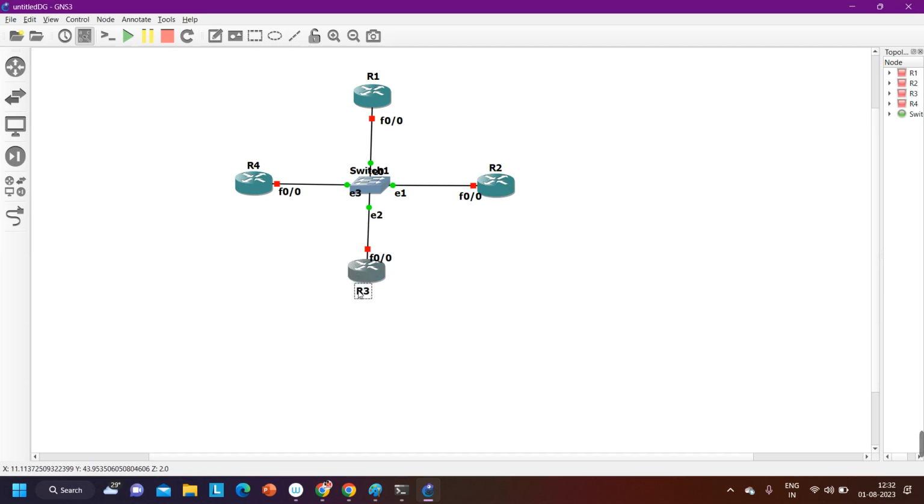And DR reduces the number of what? You can say it reduces the number of adjacency, or you can say it reduces the flooding, LSA flooding.